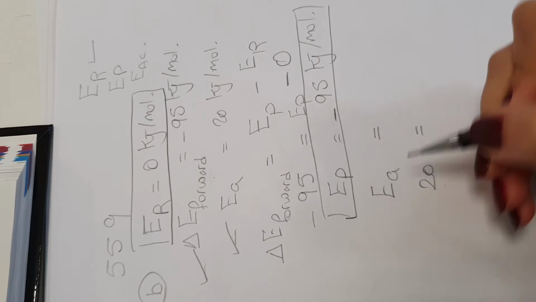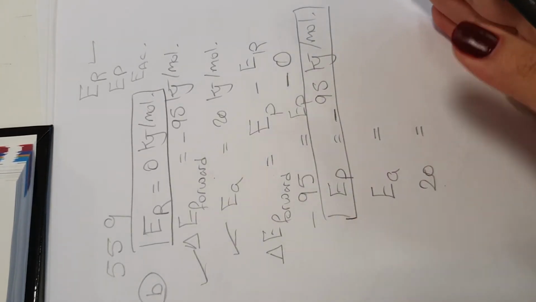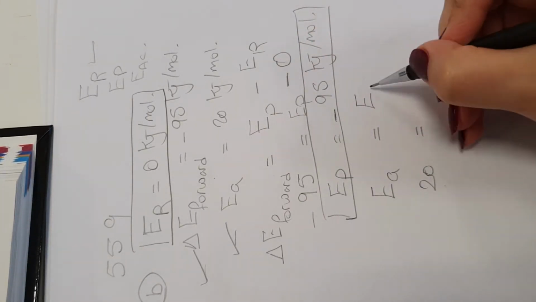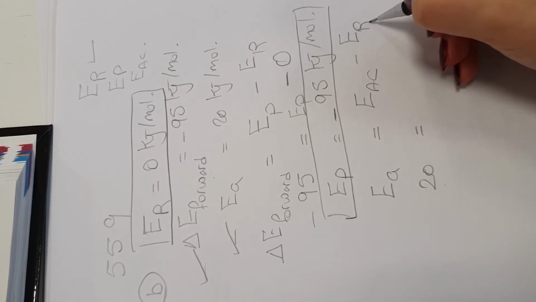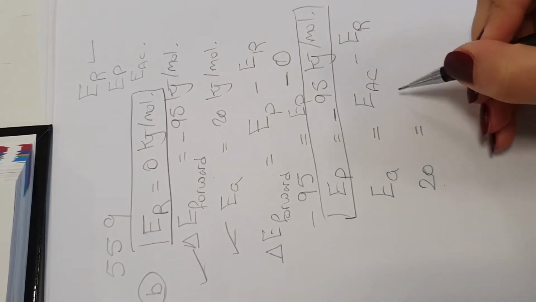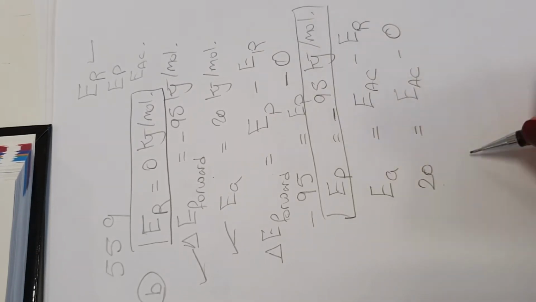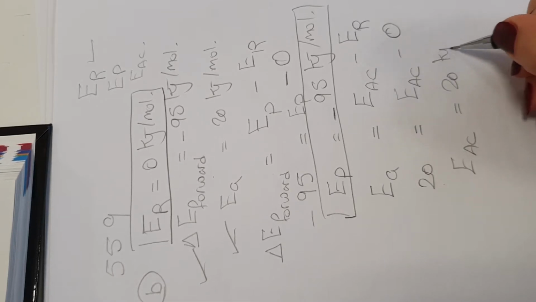Okay, activation energy, did he say prime? No, so it is for the forward. This means it is the energy of the final activated complex minus initial reactants. Okay, activated complex, I want to figure it out. Reactants is 0, so the energy of the activated complex equals 20 kilojoule per mole.